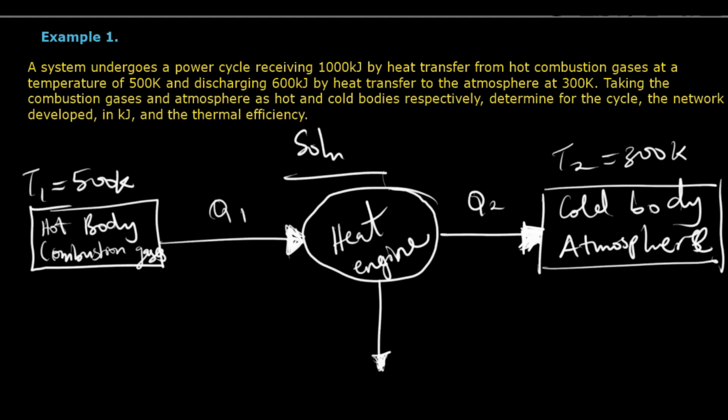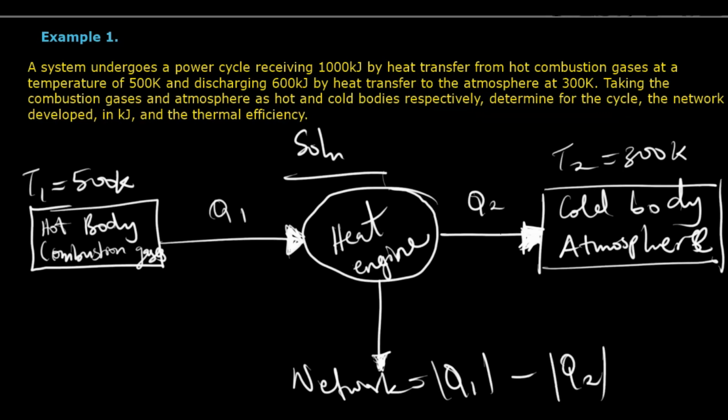Okay, now finally the network, which is Q1 minus Q2, as it implies. So they said the power cycle receives 1000 kilojoules. What does that mean?